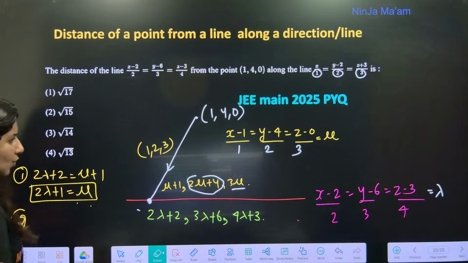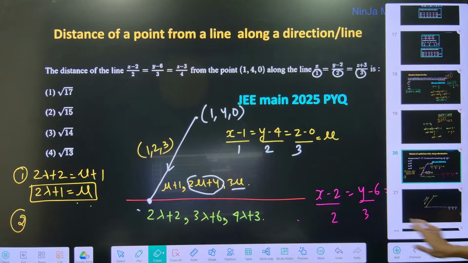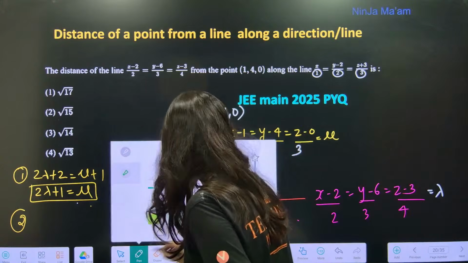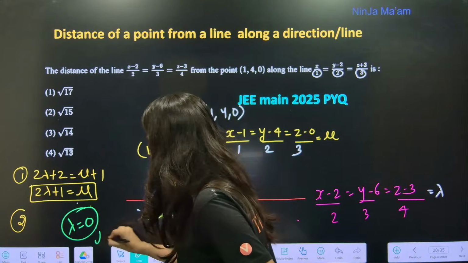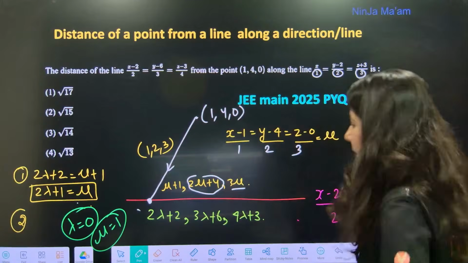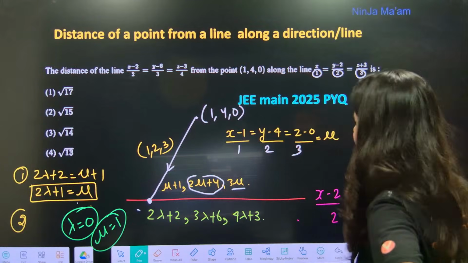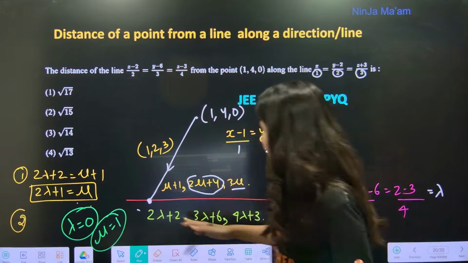No, lambda should not be 0? Yes, if lambda is coming out as 0, then it's okay. Lambda is coming out as basically 0. The moment lambda is 0, mu will be 1. Okay, lambda 0, accept it. So lambda is equal to 0 and mu is equal to 1. Now what are you looking for? Ma'am, we are looking for this point only.